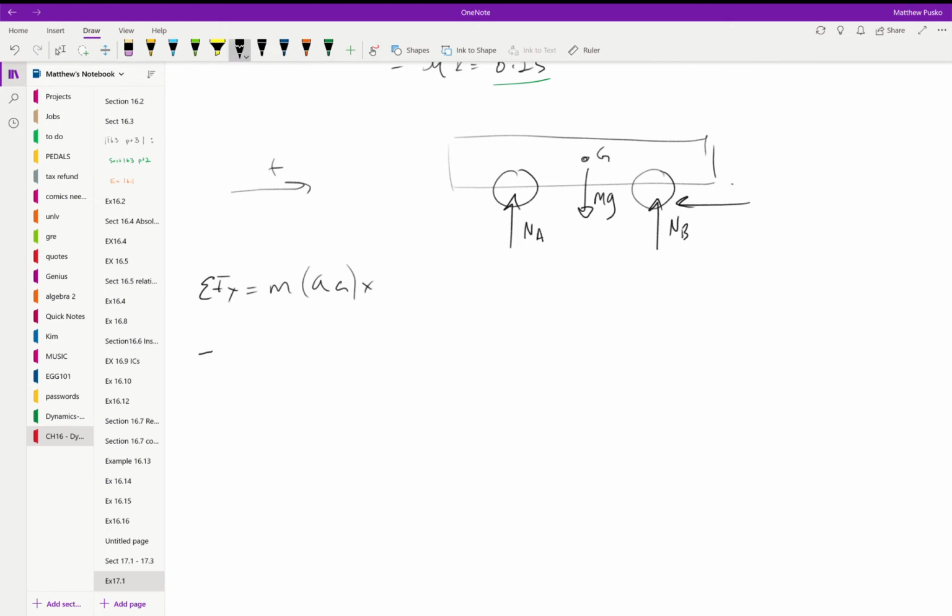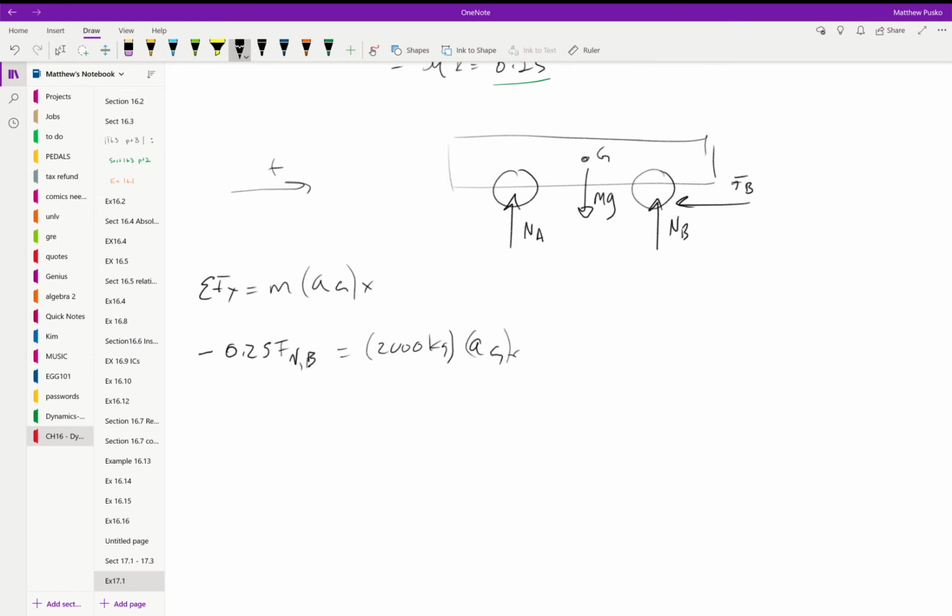Everything touching it, including gravity. So in the x direction, we have 0.25 times the normal force at B, equal to 2,000 kilograms times the acceleration of G in the x direction.